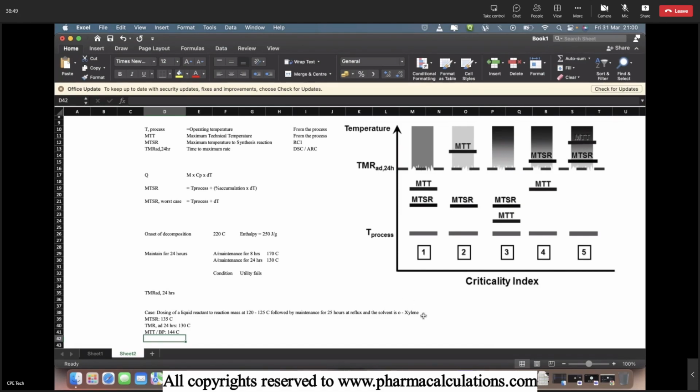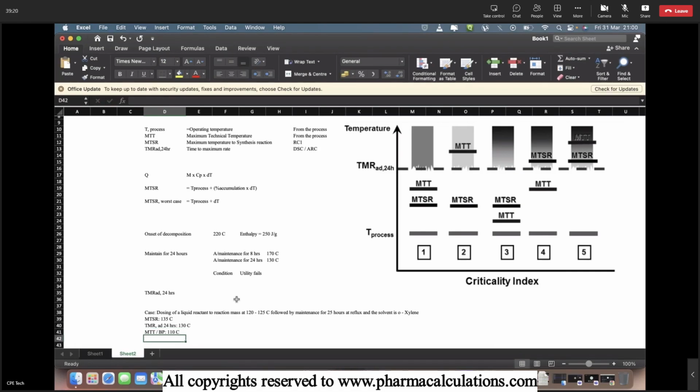In this case I found this is orthoxylene, and I'll try to replace it with some solvent like toluene or cyclohexane. Preferably I'll replace this orthoxylene with toluene. After replacing the solvent orthoxylene with toluene, the boiling point is going to change to 110 degrees centigrade.